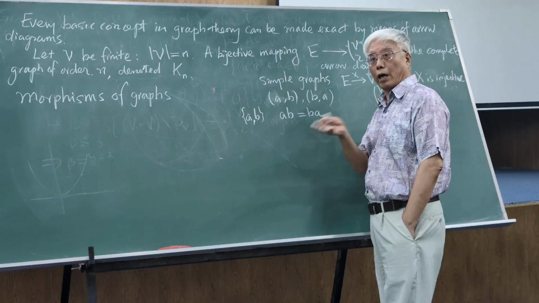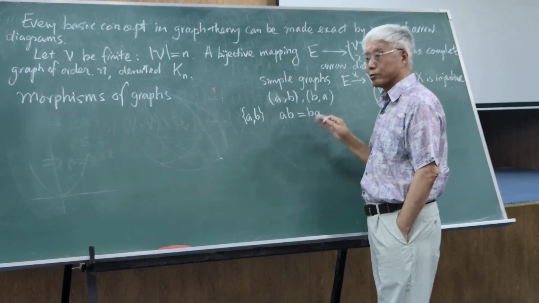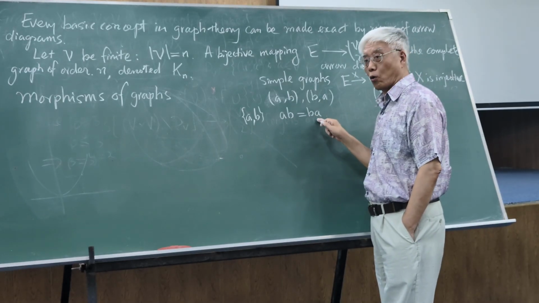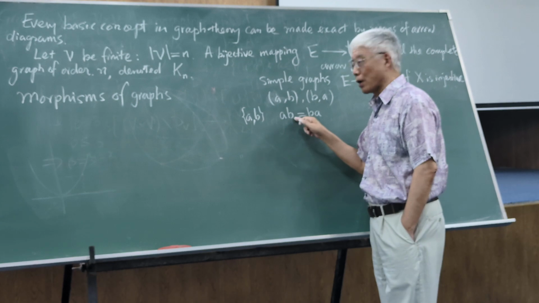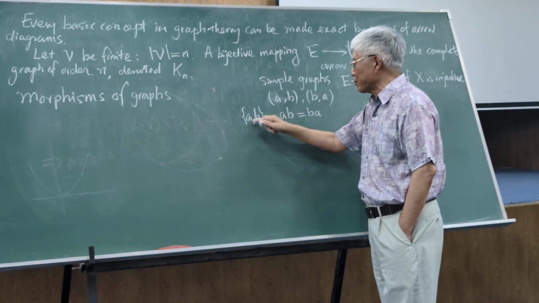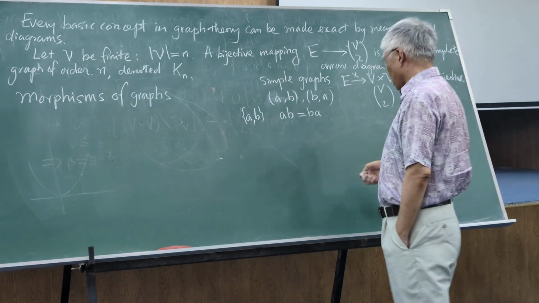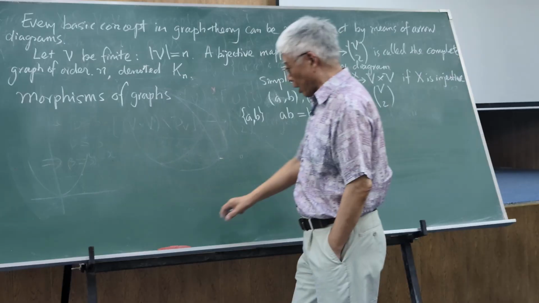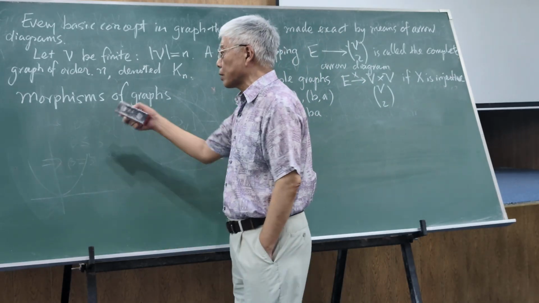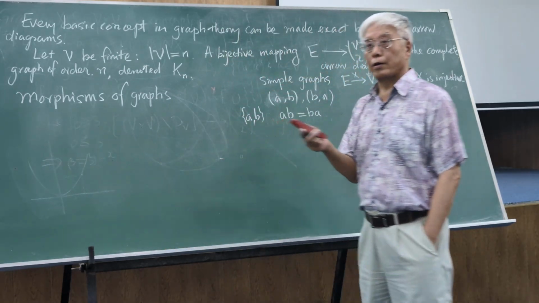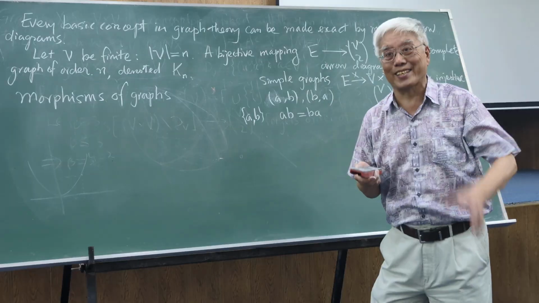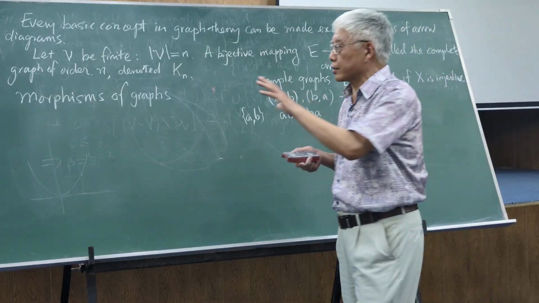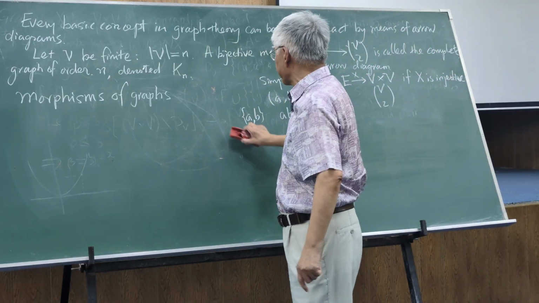This is saying that it's undirected, this extra condition. We're not saying that this is commutative, because this is not a multiplication. This is an abbreviation of that. So if these are all understood, then we probably assume that we have a simple undirected graph, not necessarily finite. So for that special case, we're going to define morphisms.